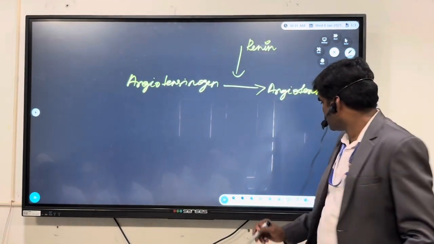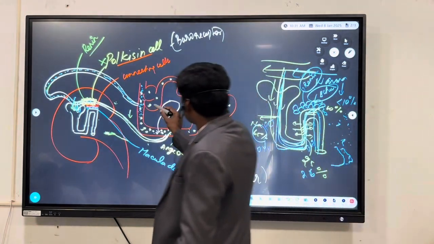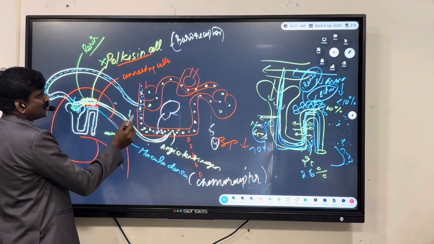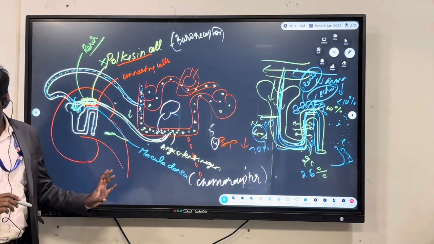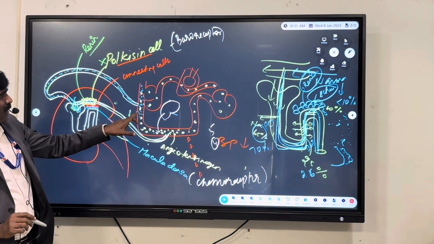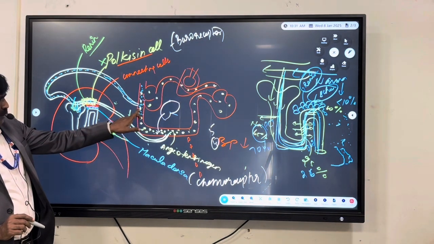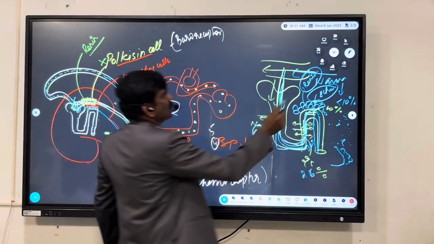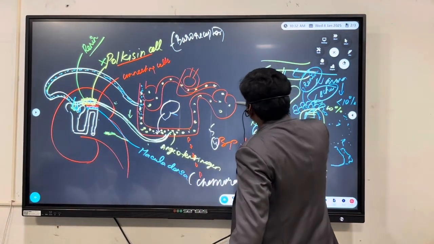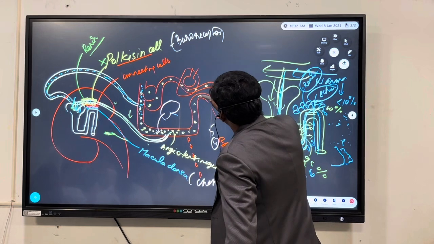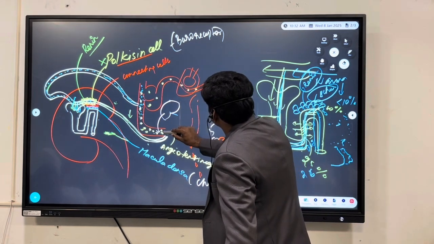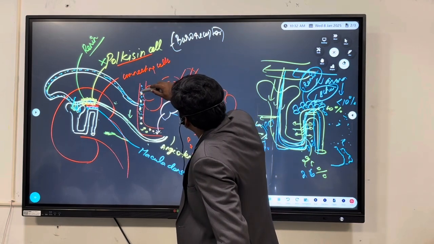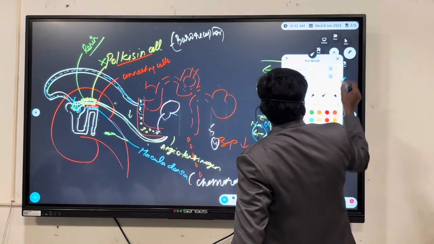Are you clear? So now, yellow color is angiotensinogen, blue color is renin, right? Now blue color renin converted yellow color angiotensinogen to angiotensin 1, right? Okay. So now what happened?